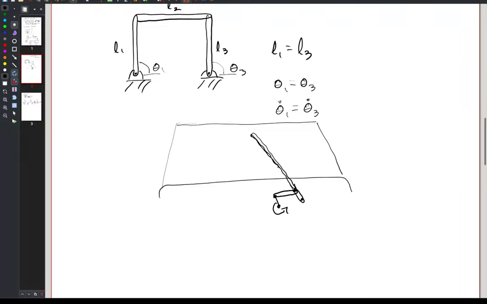Yeah. For that one, but the 4-bar we were looking at earlier, L2 was parallel to the ground. Yeah, and L2 is always parallel, right? Yeah, because now we're describing a parallelogram.